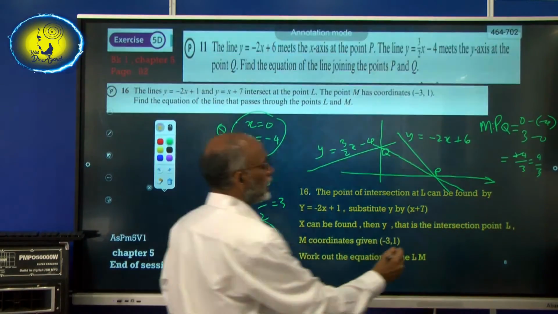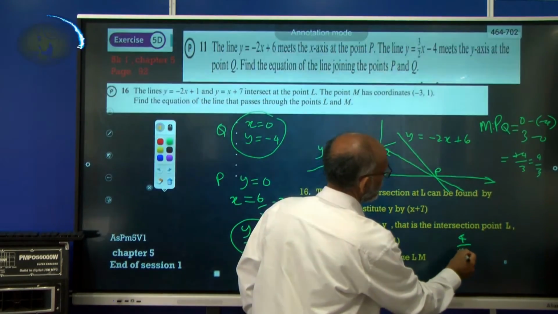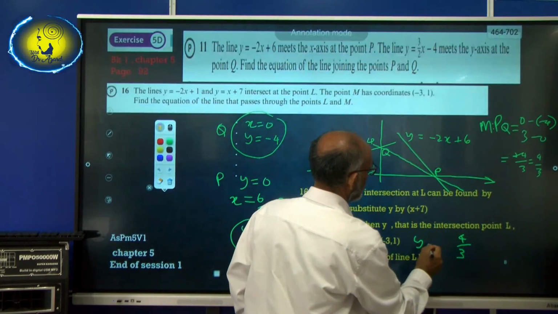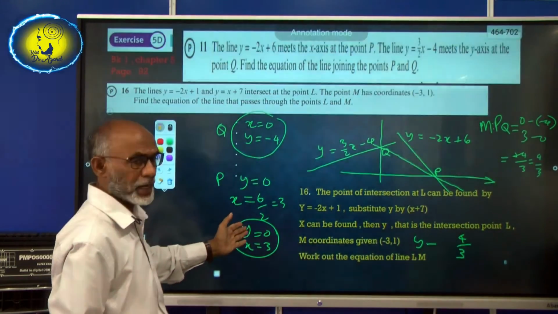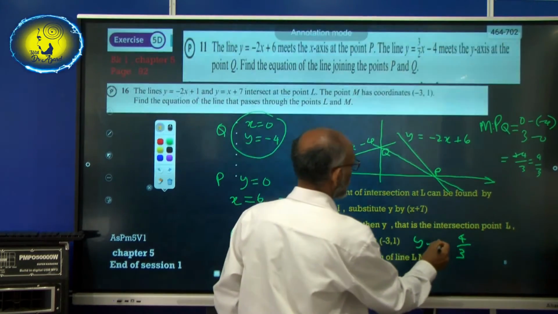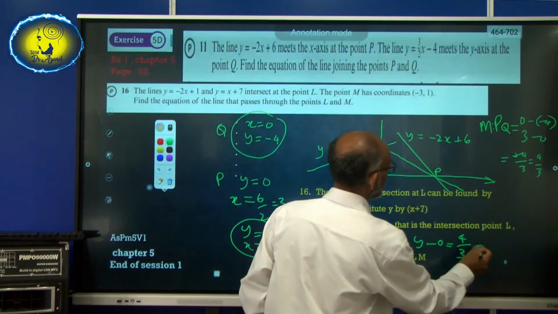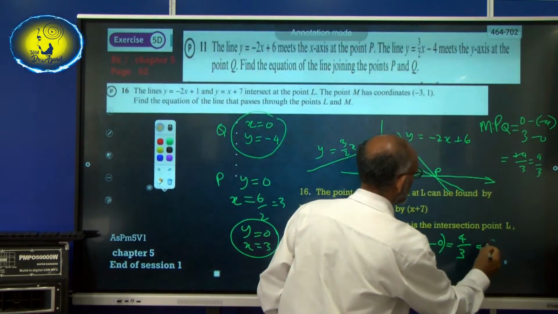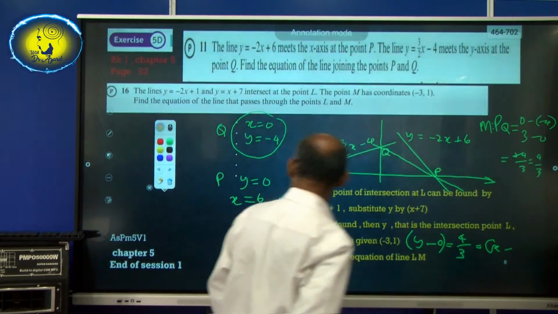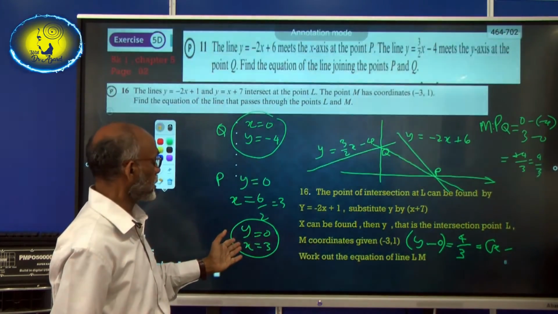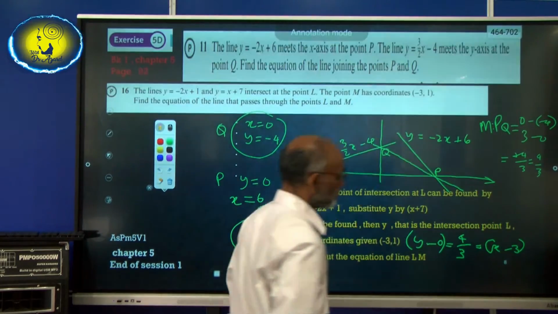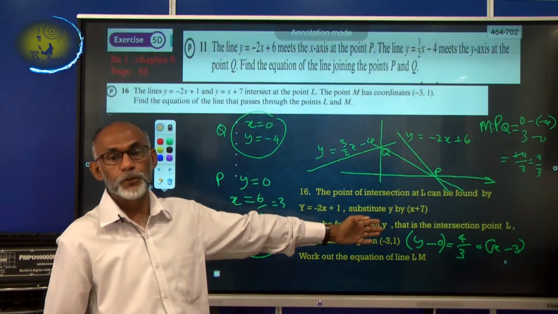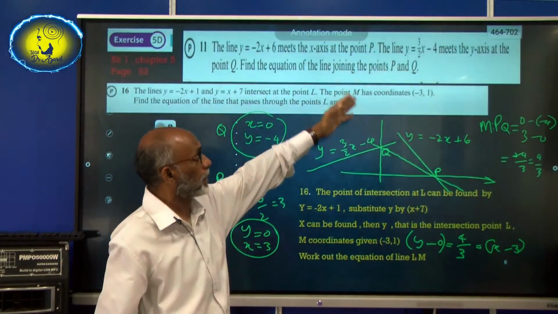Once you know the gradient is 4 upon 3, y minus y1, you can take one of the coordinates. Okay, let's take this: x minus 3. So once you simplify this, you will get the equation of PQ.